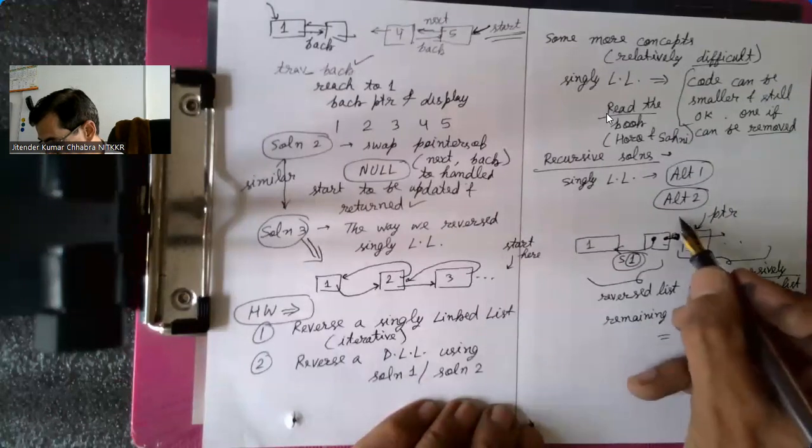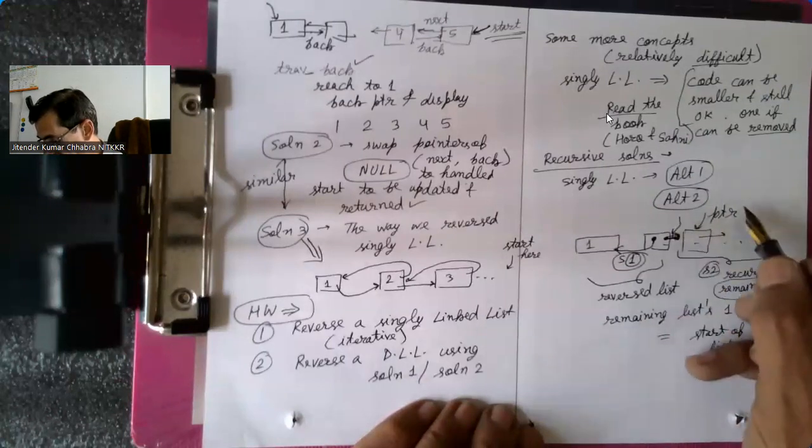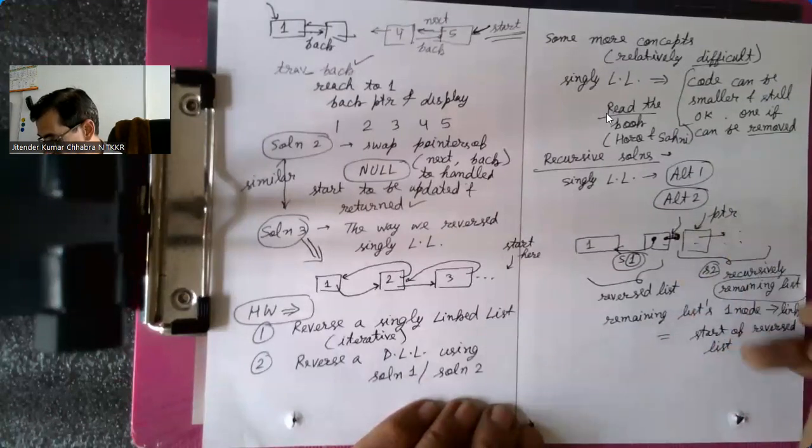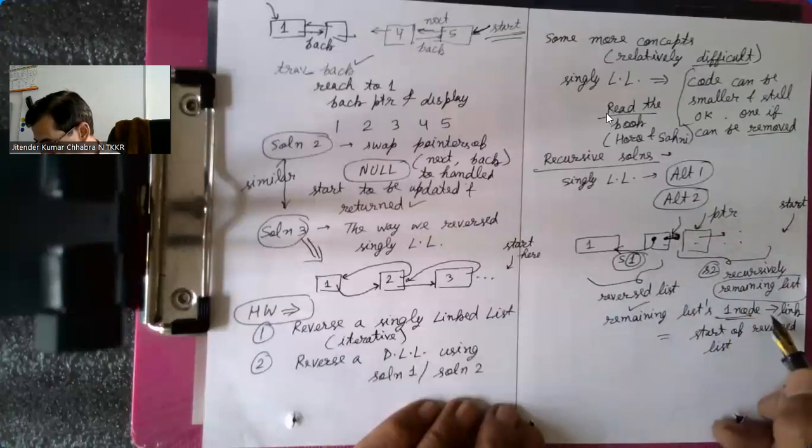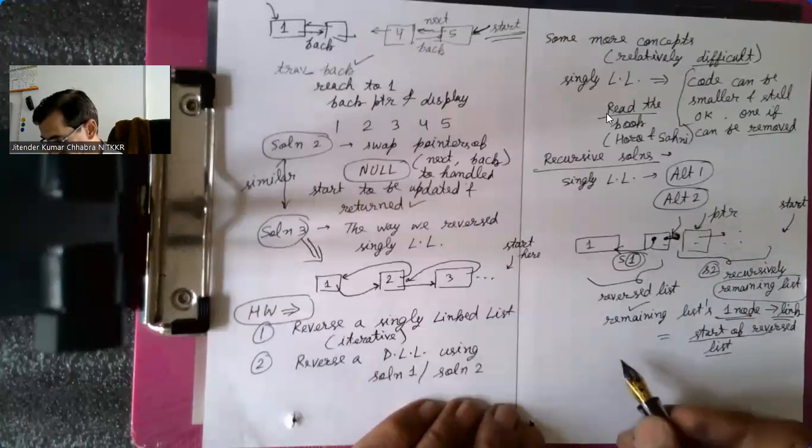Because the reversed list will always have this as a start, later next time this as a start, and finally your reversed list will have an updated start. So your remaining list's first node's arrow link is to be assigned this link, and then finally again a recursive call to happen.